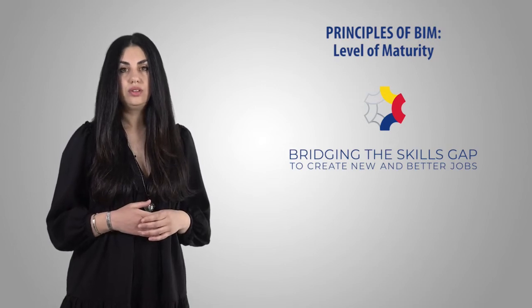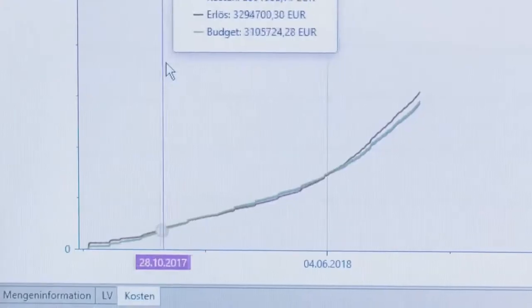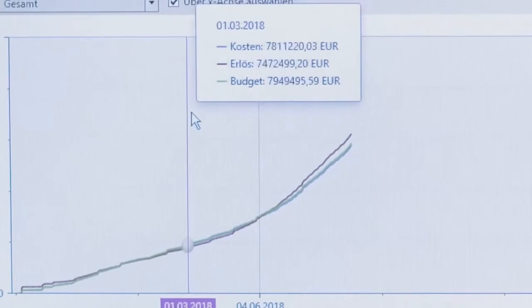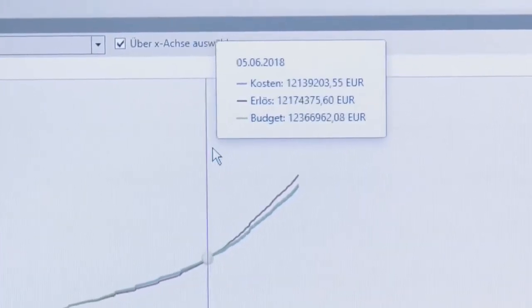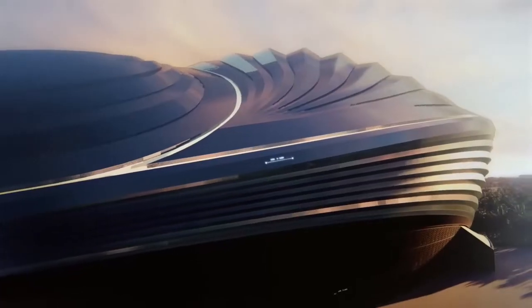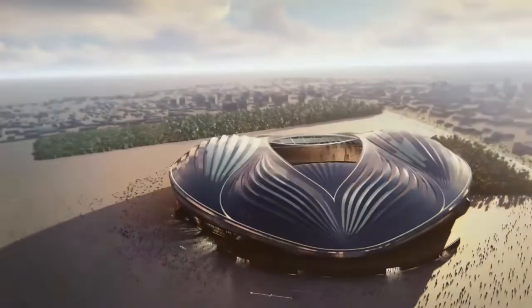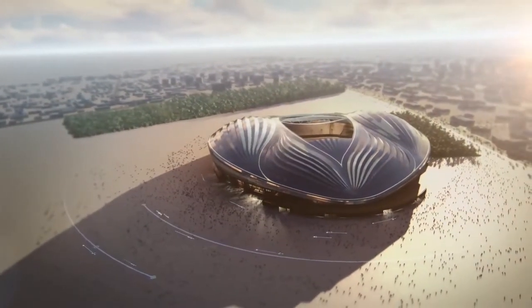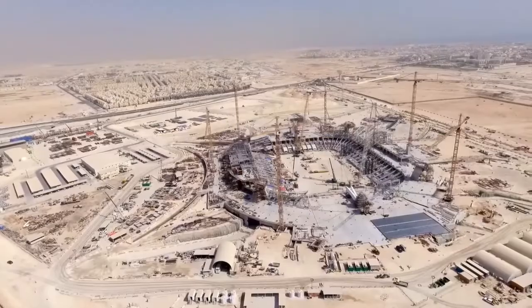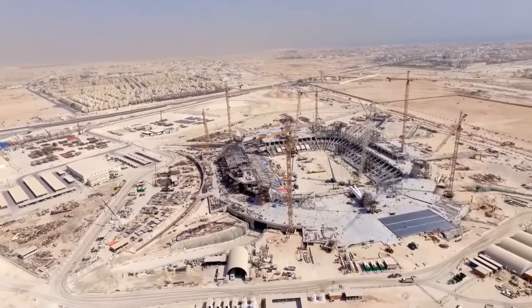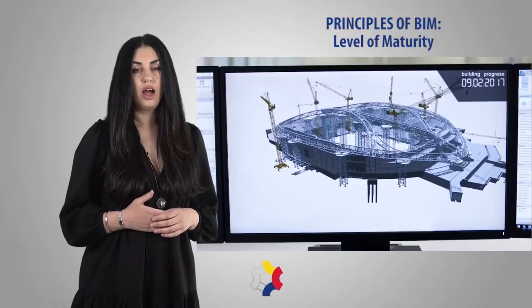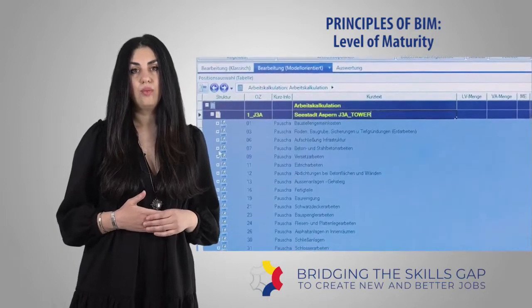There are still a lot of questions regarding the possibility of using level 3 in different fields like technology, interoperability, or contractual responsibility.